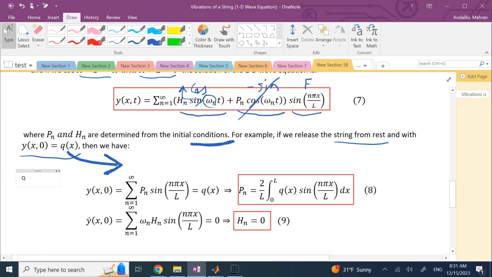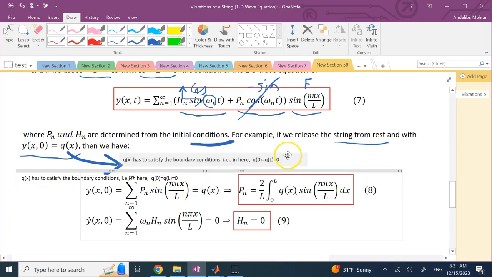Q of X has to satisfy the boundary conditions, i.e., Q at 0 should be equal to Q at L should be equal to 0. If that's not the case, then you're going to have problems.